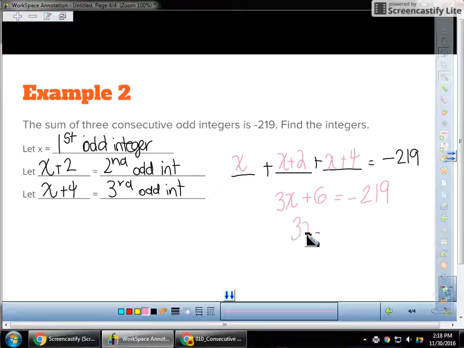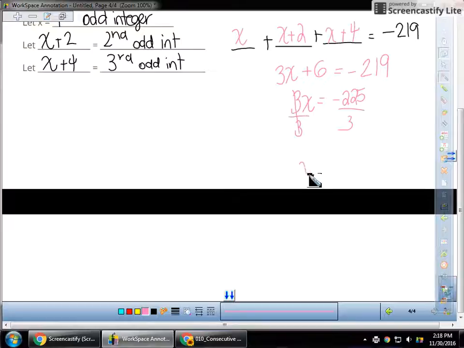So I have 3x equals, now if I were to add negative 219 and negative 6, we get negative 225. I divide by 3, and we get that x is equal to negative 75.